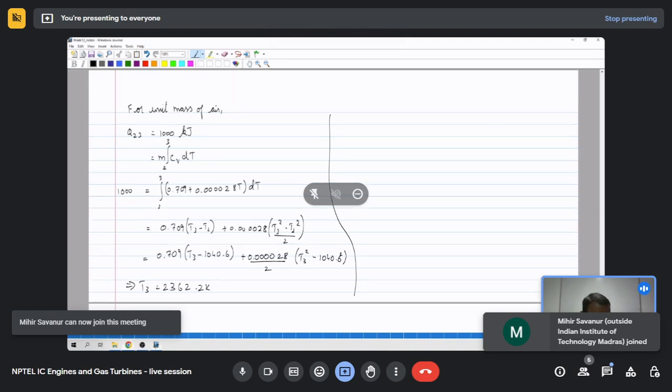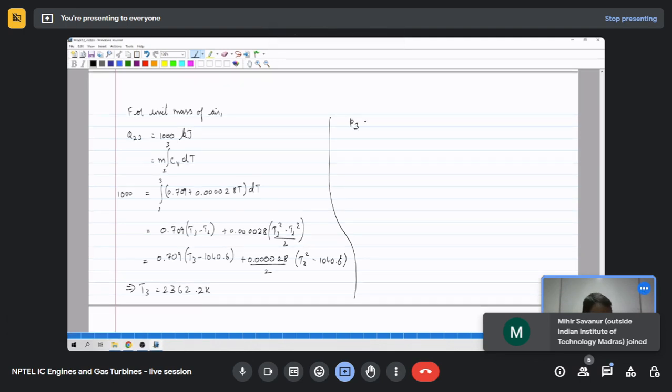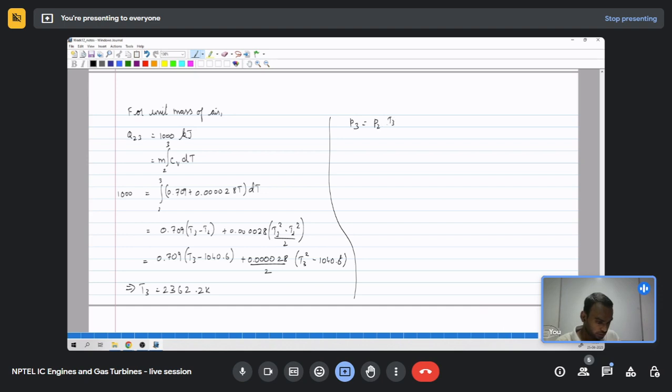So now P3 is P2 into T3 by T2, that is 36.27 into 2362.2 divided by 1040.6, and that will be 82.34 bar.